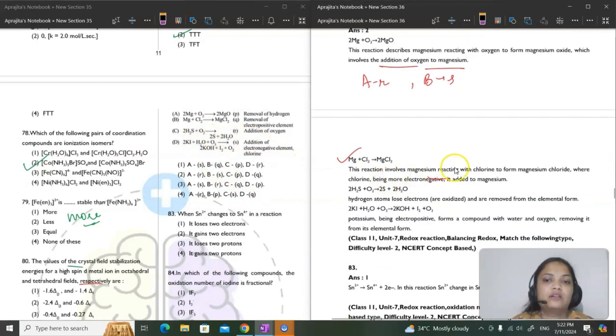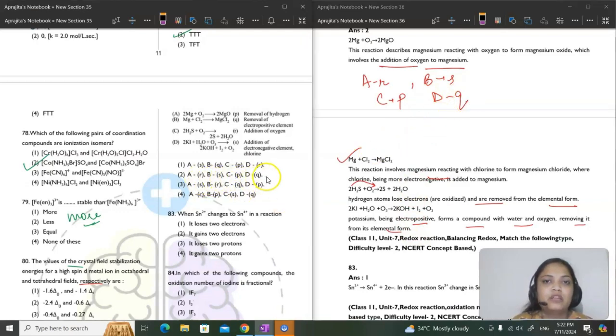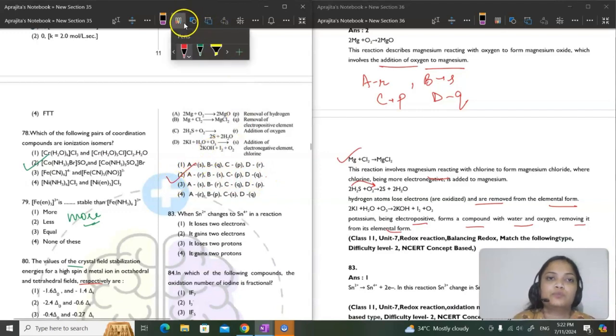Now hydrogen atoms lose electrons and are removed from the elemental form, which means there is removal of hydrogen. So for C it's P, and for D, potassium, which is electropositive, forms a compound with water and oxygen, removing it from its elemental form. So removal of an electropositive element is happening. So D is Q. So A-R, B-S, C-P, D-Q, answer is option 2.